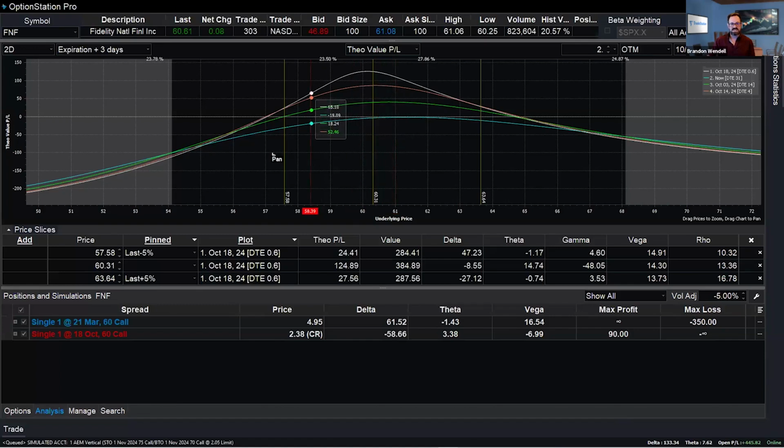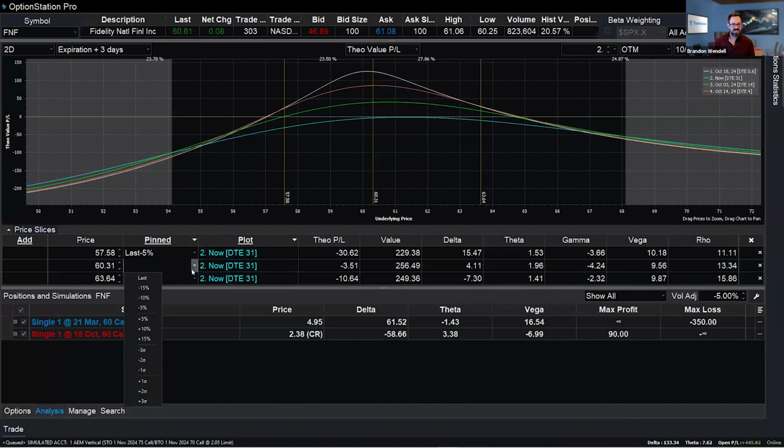Oh, I know why, because that's the wrong plot. There we go. And again, 0. So as long as there's still time left, right now I have -2, and that's what we're seeing. My position is down by about 2.